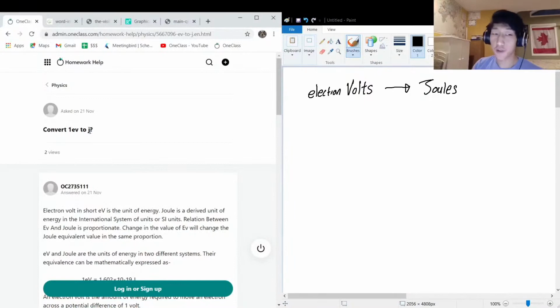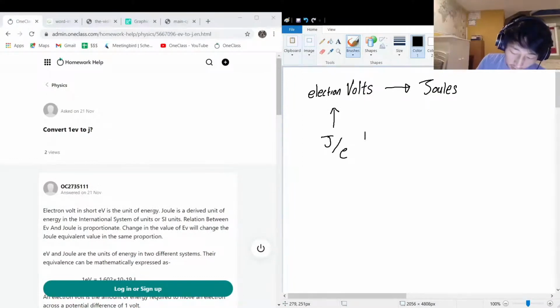Before we do that conversion, let's think about what a volt is. The units for volt is joules per coulomb, meaning it is energy per charge. And we're just trying to get this into joules, which is just energy.